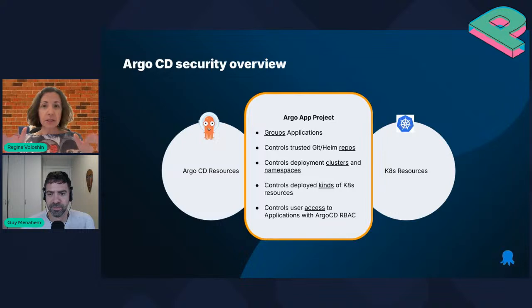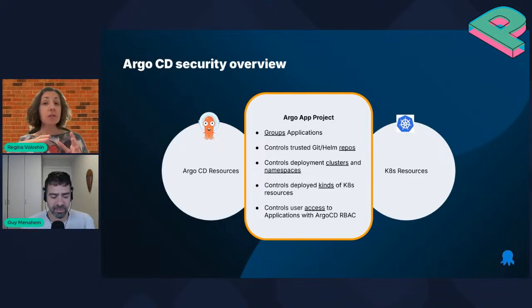Those two aspects are independent of each other, and they're linked together by the Argo App project entity. So what is this Argo App project? It logically groups applications. It controls the trusted Git or Helm repos. It also specifies the deployment cluster and namespaces, and it restricts the deployed kinds of Kubernetes resources.